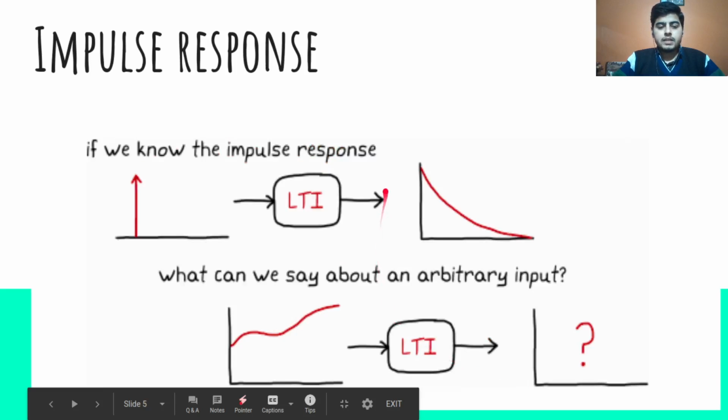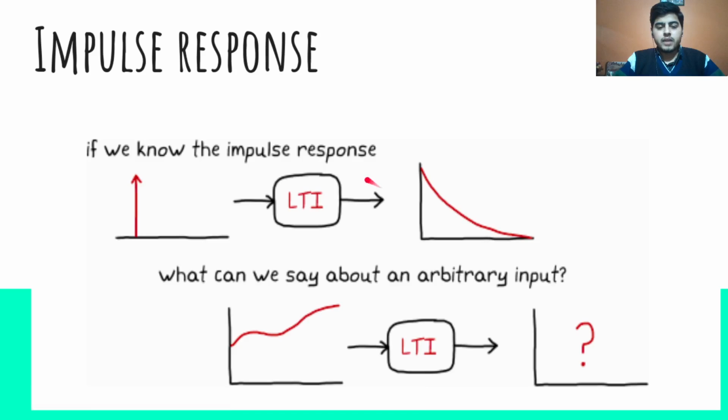Now let's try to apply this concept to an LTI system. Here we have an impulse, and we are giving this impulse to our LTI system, and the LTI system is responding by giving this response.